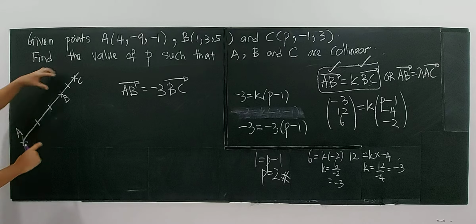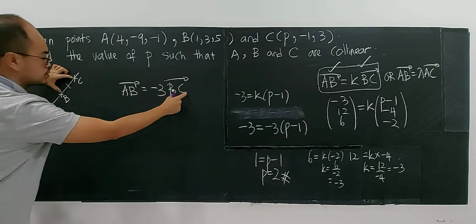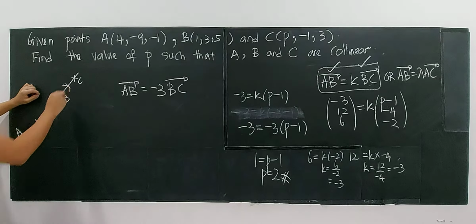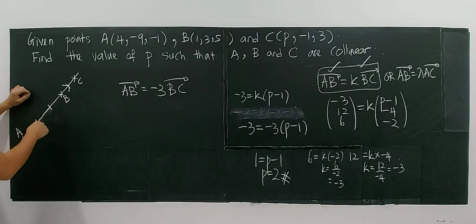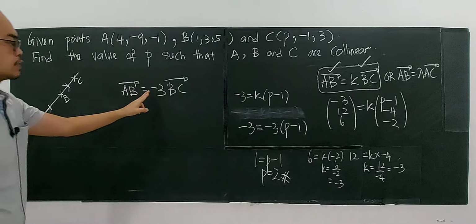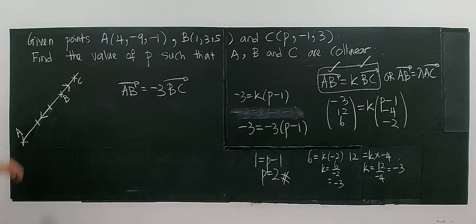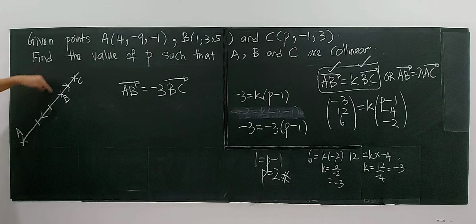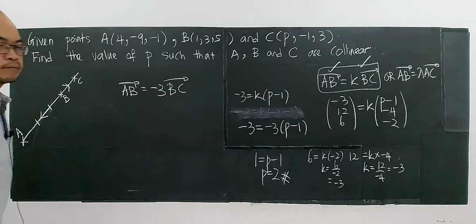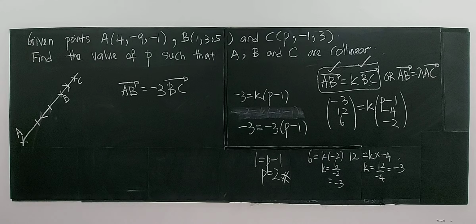But if BC goes in this direction, AB will be in the opposite direction because you see that there is a negative 3 times the BC, right? So AB is negative 3 times B to C, all right? So that's the meaning here.